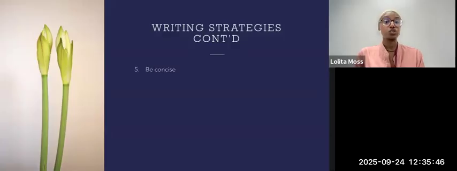I think any students who may be watching this, you will find, at least in my experience, that wordiness is one of those things that you might bump up against as you go further and further into your academic career.